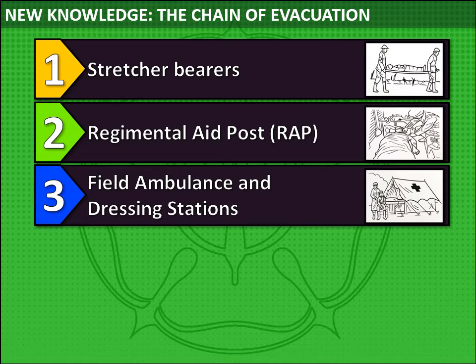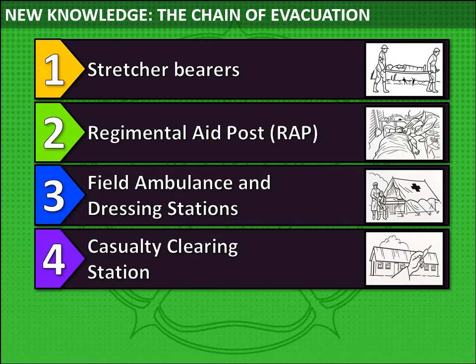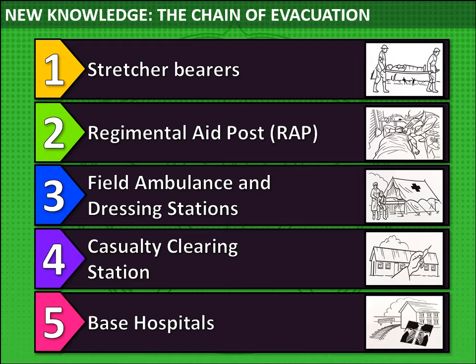You then need to know about field ambulance and dressing stations, abbreviated to ADS, Advanced Dressing Station, and MDS as well. You need to know about the Casualty Clearing Station, or CCS. And then lastly, just like our source, you need to know about base hospitals, where our source told us about the cup of cocoa and the particulars. Let's go through each of these in turn.